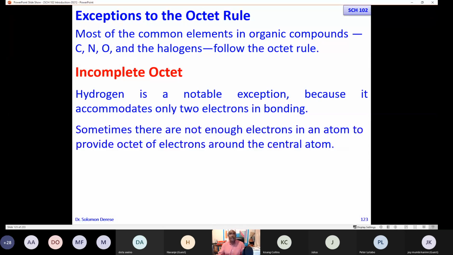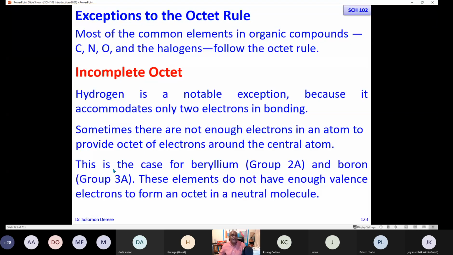Some of these happen because there are not enough electrons in such atoms to provide octet of electrons around the central atom. Examples of such are chemical compounds that are formed by beryllium, which is a group 2A element, and boron, which is a group 3A element.